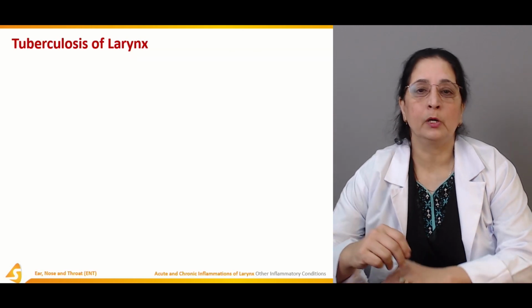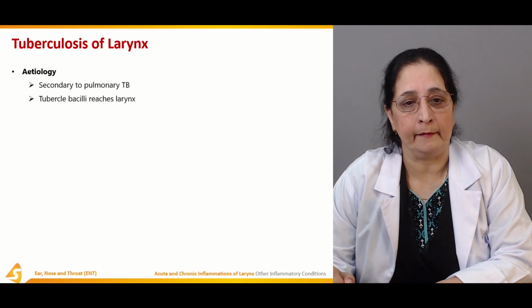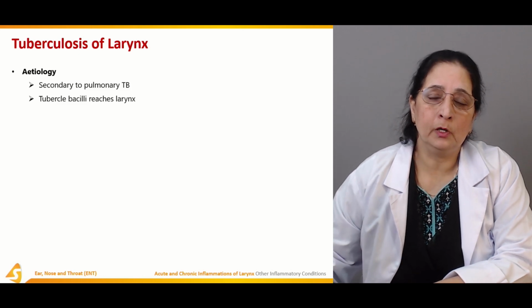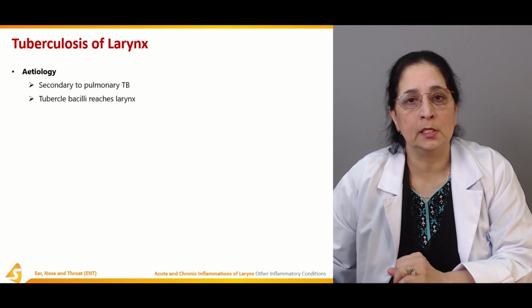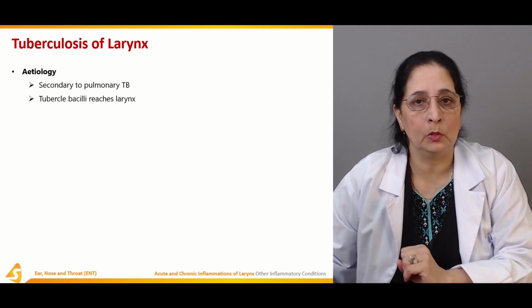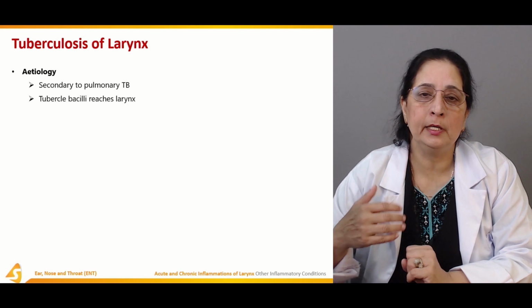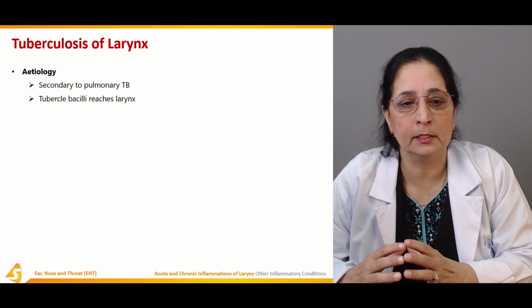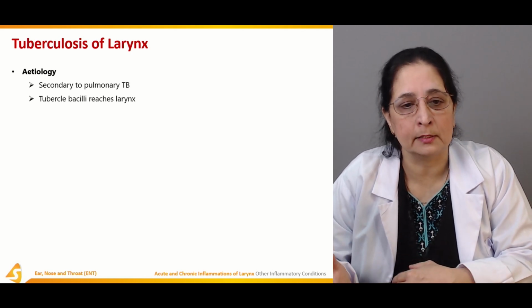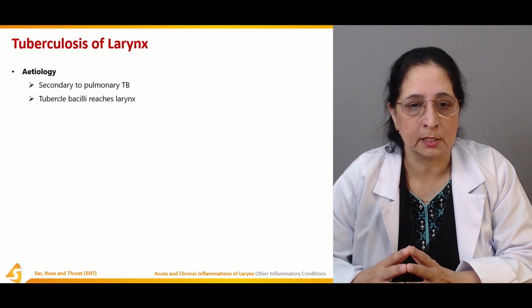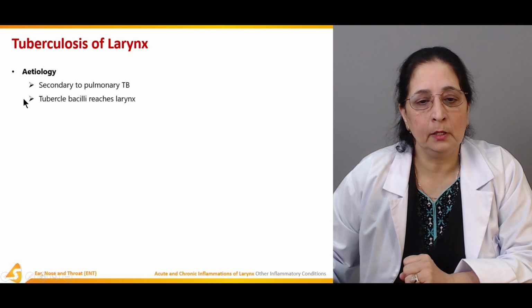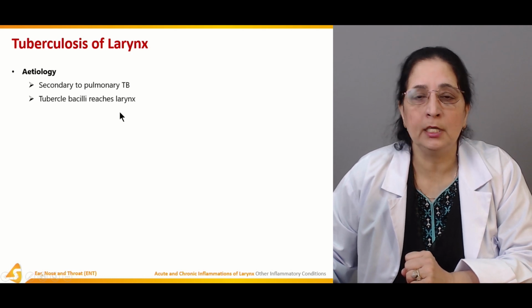So first, tuberculosis of the larynx. Pulmonary tuberculosis is the most common tuberculosis, and usually this spreads to the larynx. So it's secondary to the pulmonary tuberculosis, and then tubercle bacilli reach the larynx.